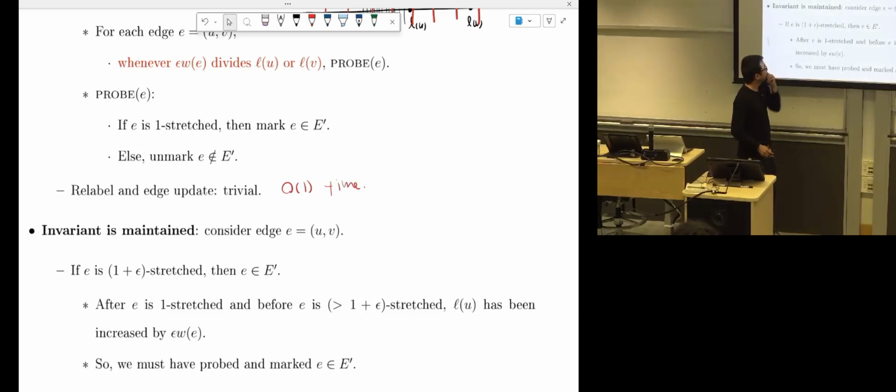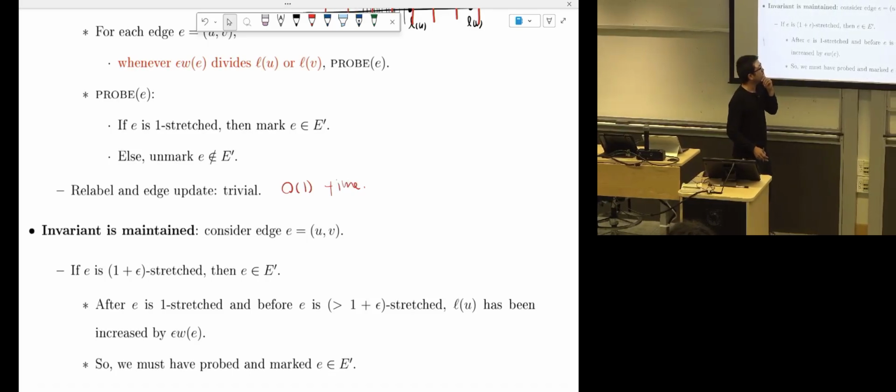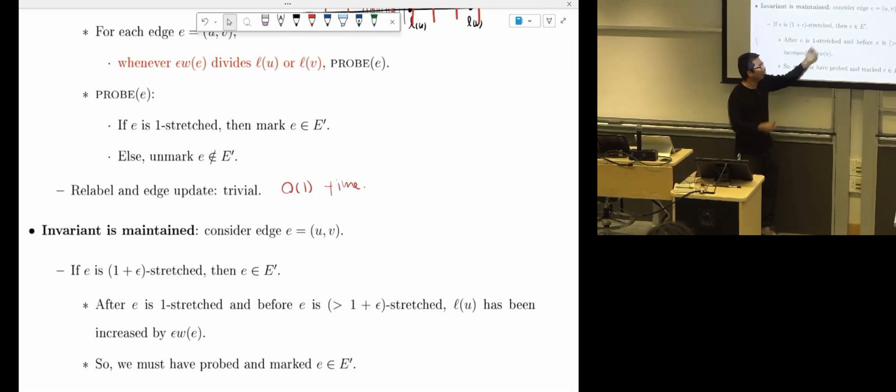Okay. So imagine the time when E becomes 1 plus epsilon stretched. At some previous point, E must have been 1 stretched first. And it will become more and more stretched because the endpoint levels keep increasing.